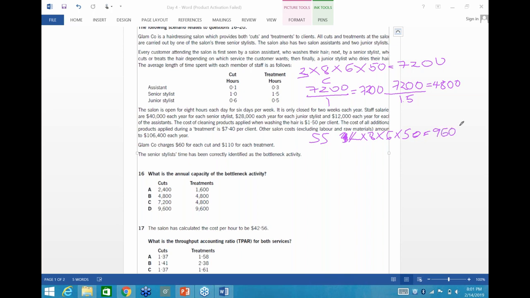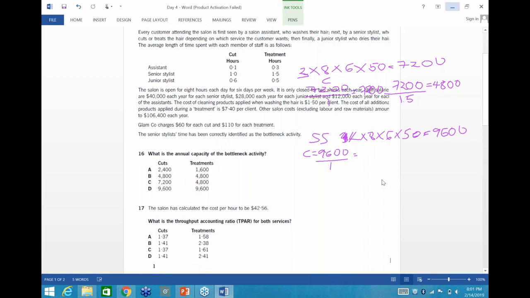So if I have 4 senior stylists, for cuts, 9,600 divided by 1, I'm getting 9,600 there. And for a treatment, 9,600 divided by 1.5, I'm going to get 6,400.